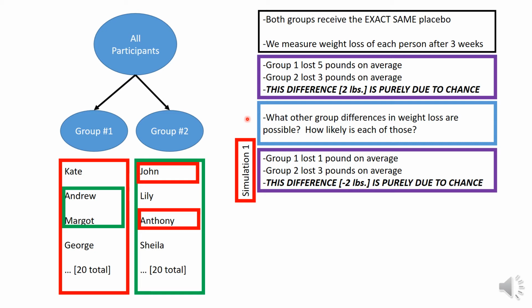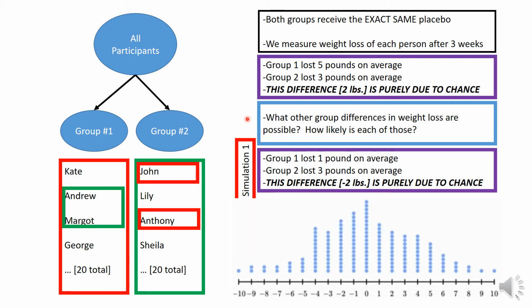In Sal's video, he said that he did 150 simulations. So here are the results of his simulations. In most of those simulations, the group difference was between about -2 and +2. This is where the bulk of the differences were.